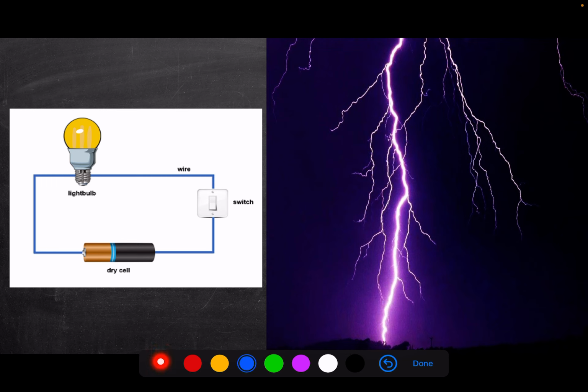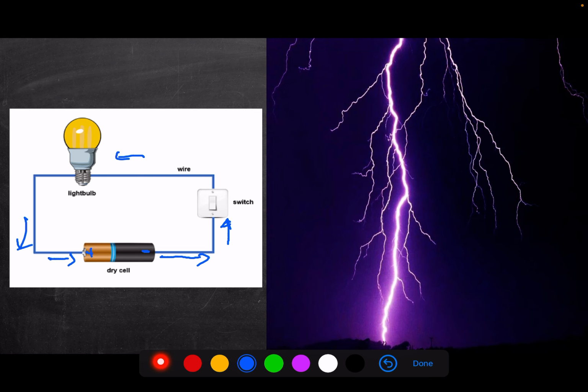For example, in batteries or cells, the electrons move from the negative side of the cell through the wire back towards the positive side, and then it repeats. So the electrons are flowing from the negative terminal of the cell to the positive terminal of the cell, and this happens until the cell runs out of chemical energy.